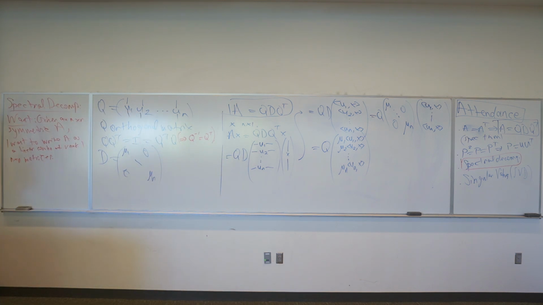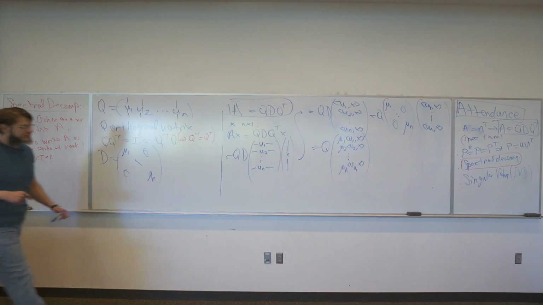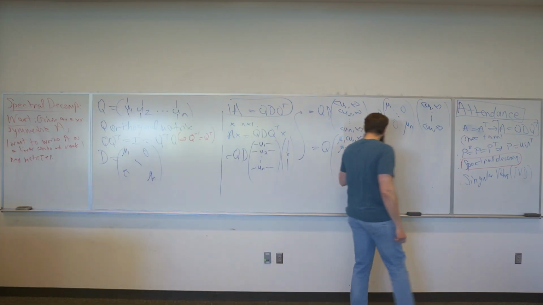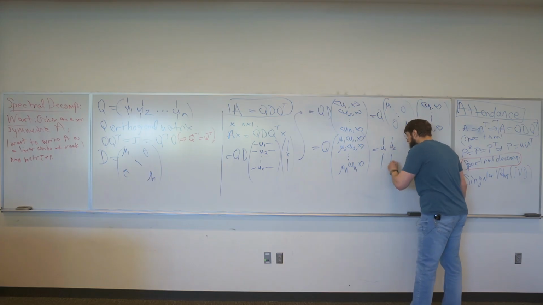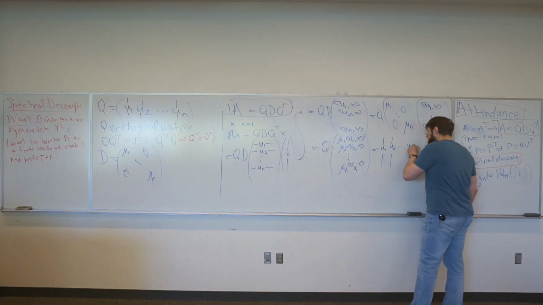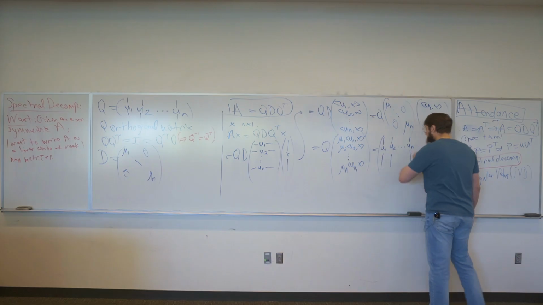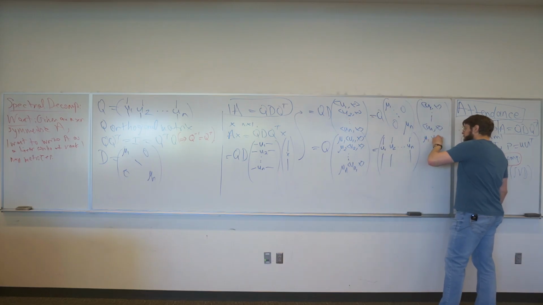Now I'm going to open up the Q. I'll write that again explicitly: first column, second column, dot, dot, dot, nth column. And then I have these scalars.